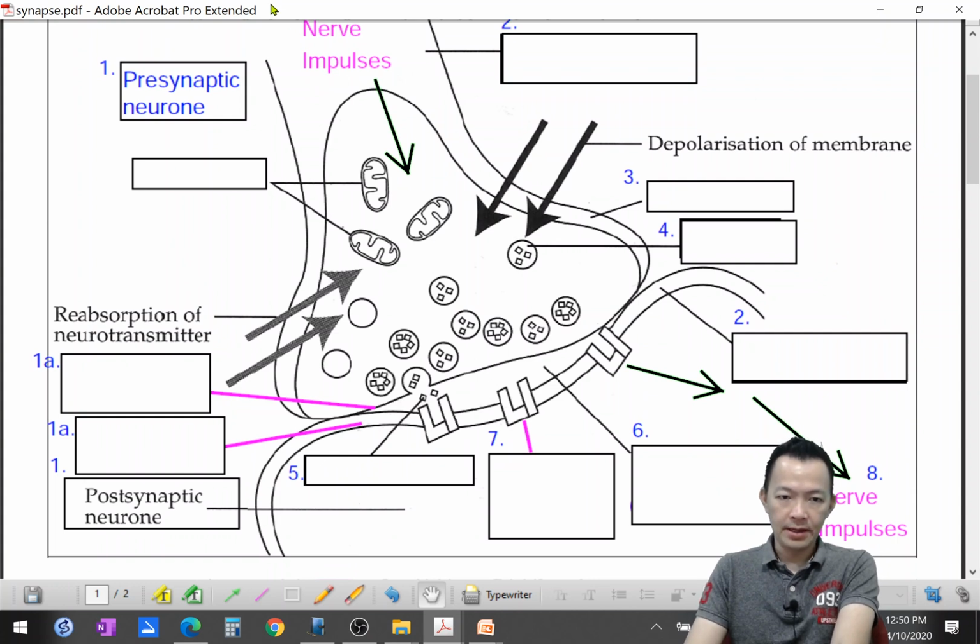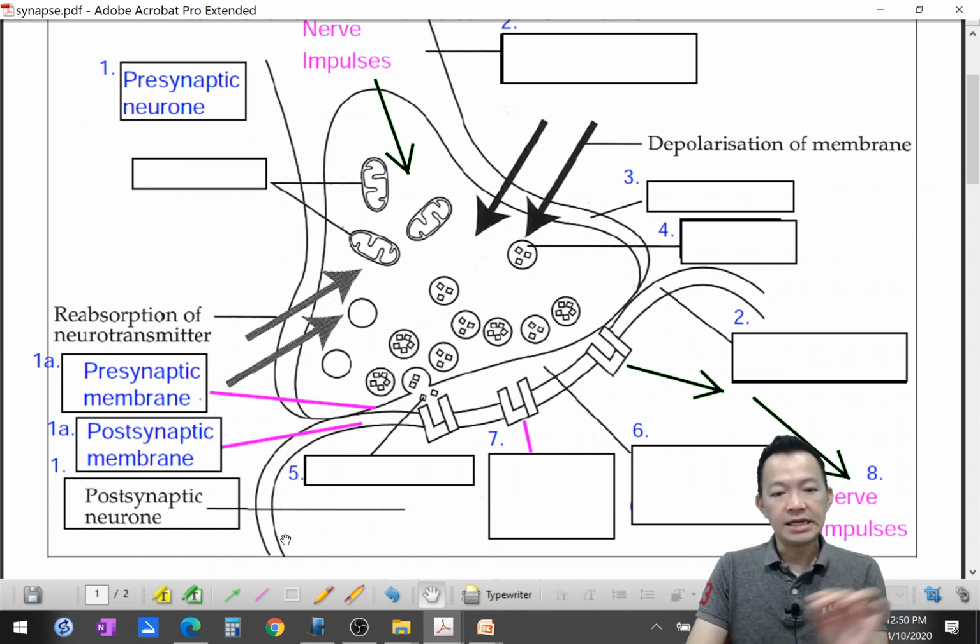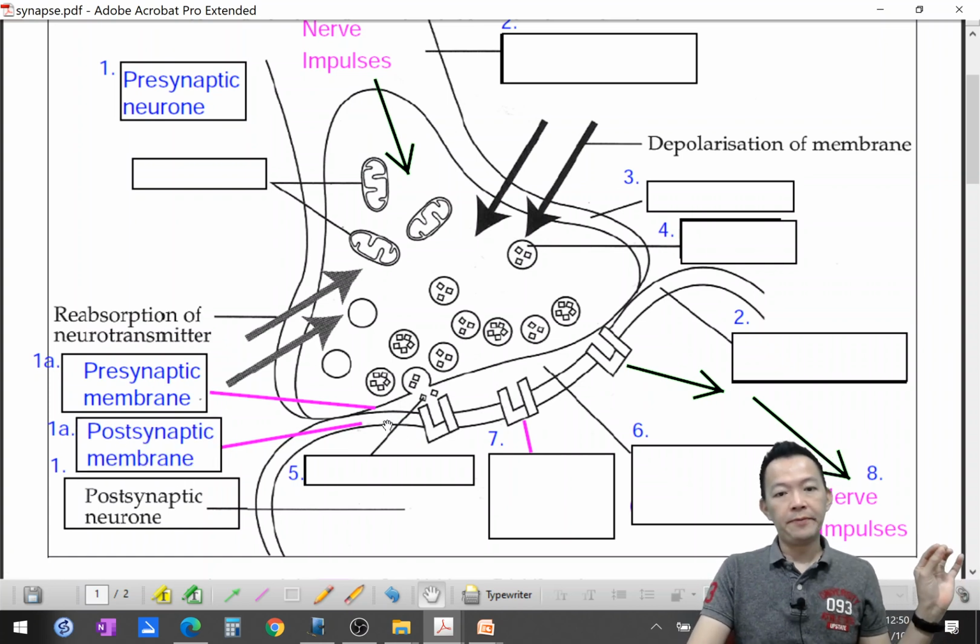Next, 1A: presynaptic membrane, 这一层膜叫 presynaptic membrane. Your new textbook maybe doesn't talk about it. This layer is the postsynaptic membrane, synapse 过后的那一层膜.